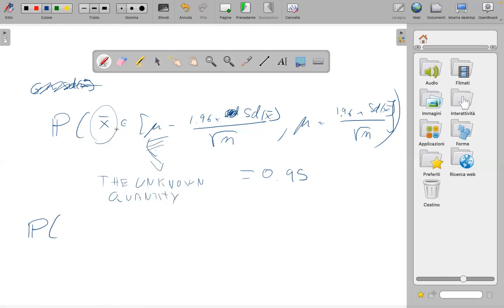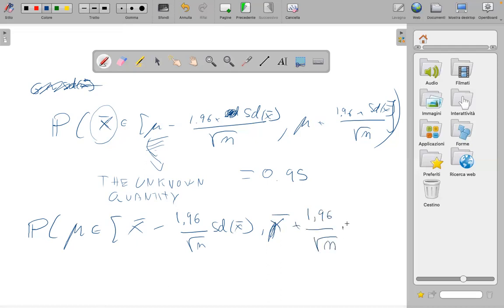Fortunately, this event is equal to the event that mu is in x bar minus 1.96 divided by square root of n times the standard deviation of x, and x bar plus 1.96 divided by square root of n times the standard deviation of x.